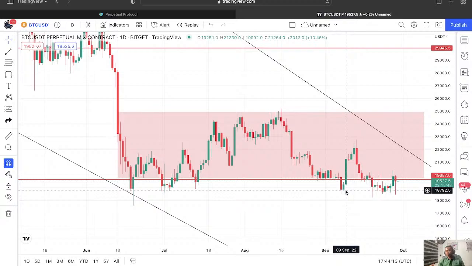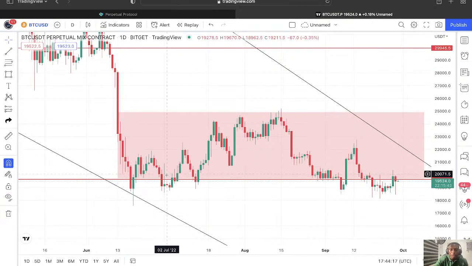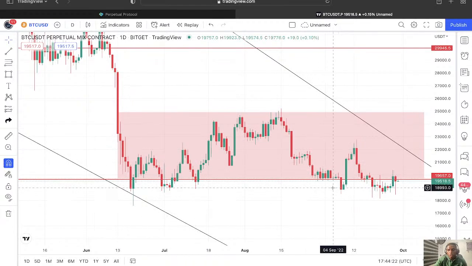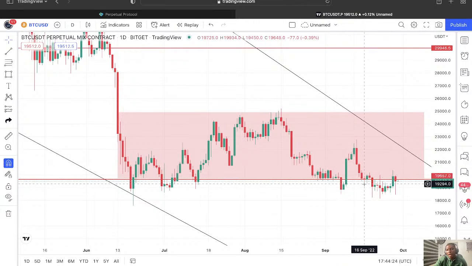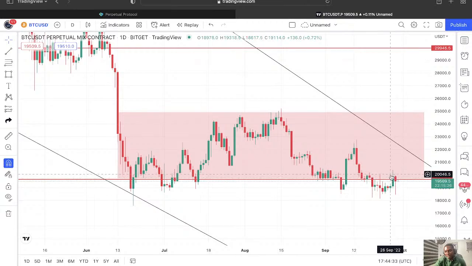Doesn't make it stronger. This is weaker than the previous one. Then we can see a breakout from here, and then a retracement. But already this region has now become a resistance region. It was previously a support region, and now it is a resistance region.